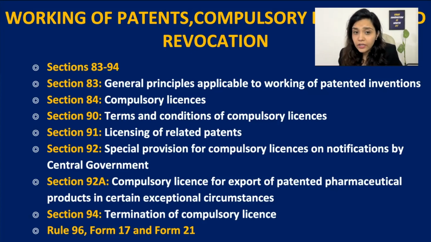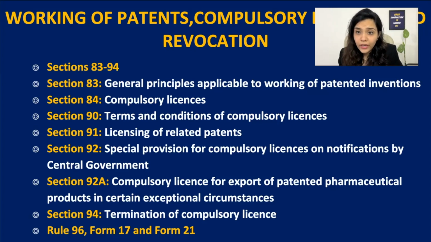Then section 91, it is also an important section which is related to licensing of related patents. Then we have section 92, which is special provision for compulsory license on notification by government. Then we have 92A, which is compulsory license for export of patented pharmaceutical products in India in certain exceptional circumstances. Then we have section 94, termination of compulsory license.